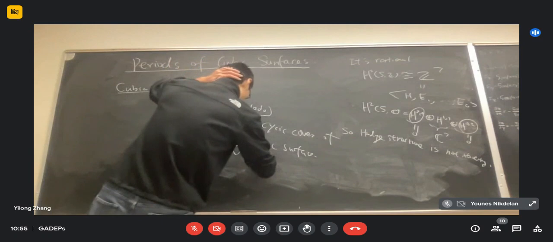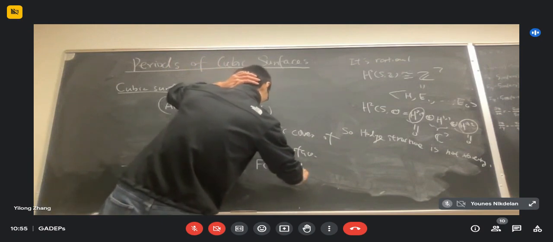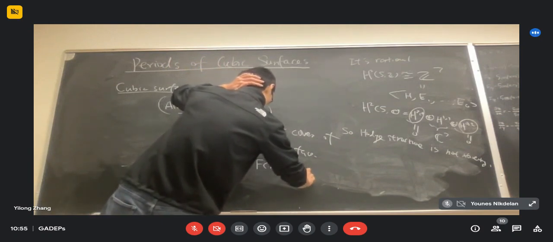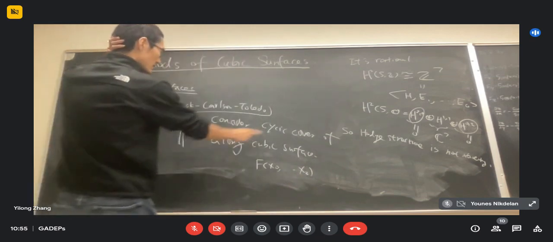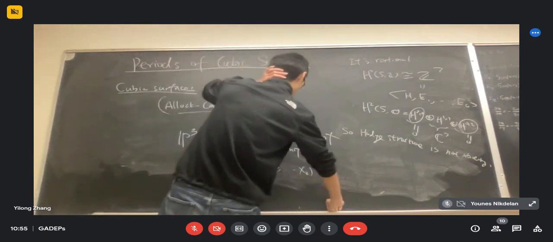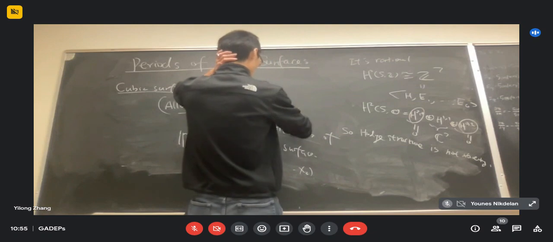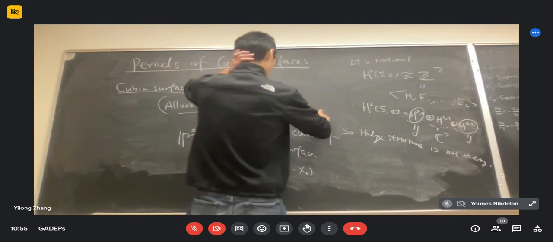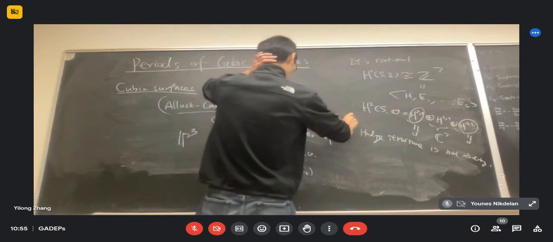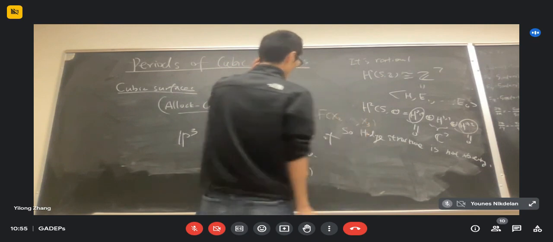So if this cubic surface is given by f(x0, ..., x3), this cyclic cover is just introducing a new variable x4 with x4 cubed equal to f(x0, ..., x3).